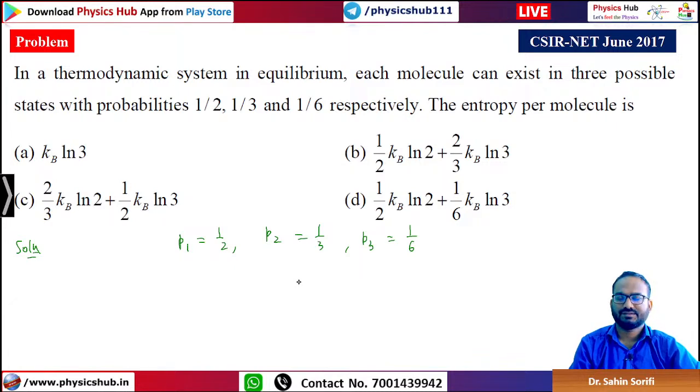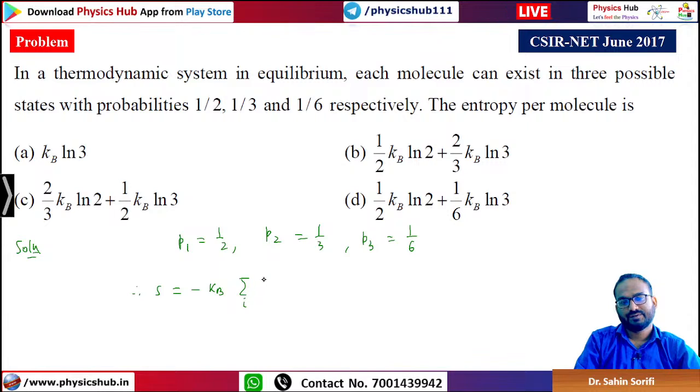There is no degeneracy, so degeneracy is not coming into the picture. So entropy is equal to minus KB sum over i Pi ln Pi. You just need to put it into the formula.